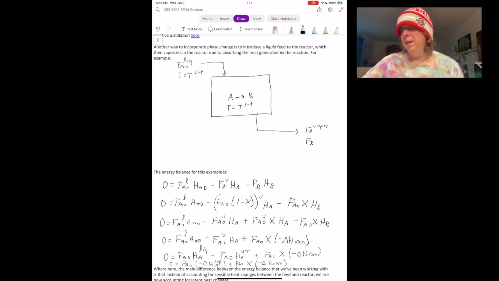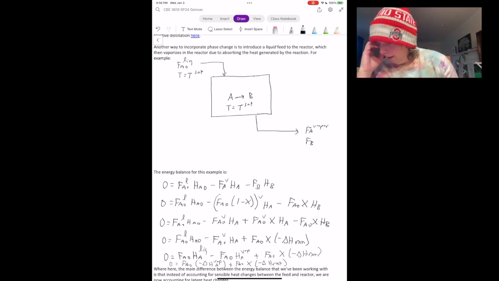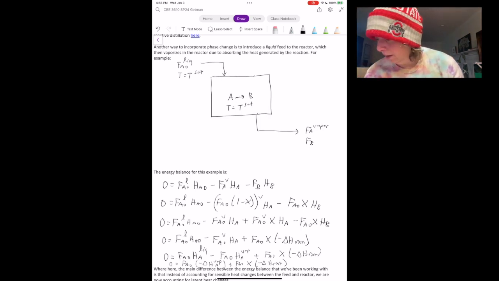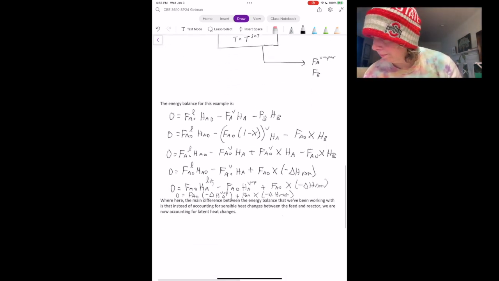So you see what's happening here is the vaporization of species A is basically counteracting the heat of reaction. In this case, we have an adiabatic reactor, all of the heat that's generated is basically going to vaporize the feed. And this, again, acts as a significant source of heat removal.